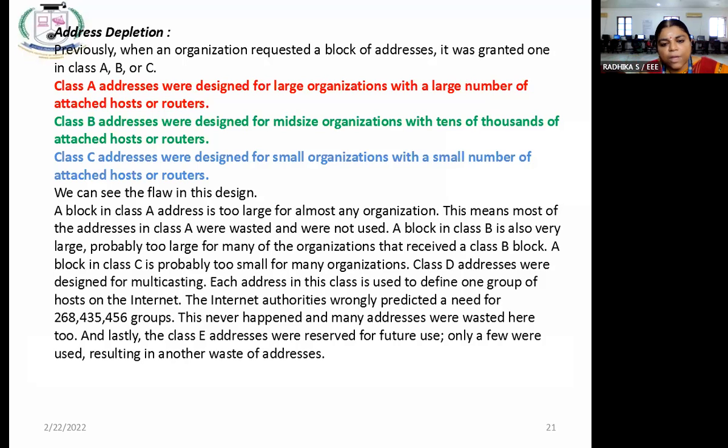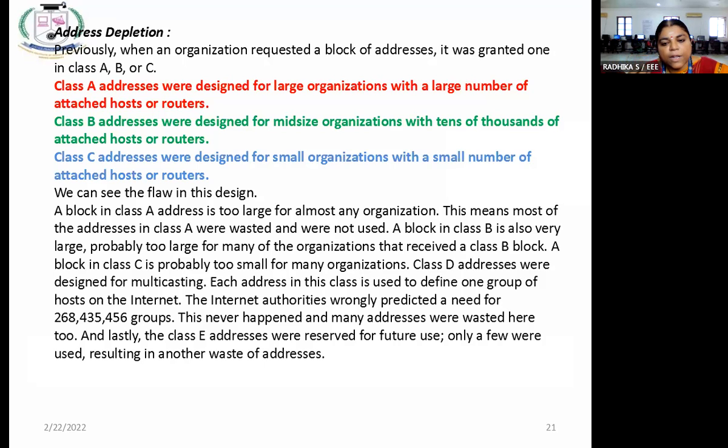And again, class D is mainly meant for multicasting. What is meant by multicasting? Whenever there is more than one receiver, the process of transferring the packet is said to be multicasting. So that again is not going to be suitable.